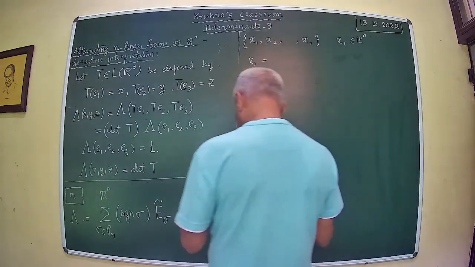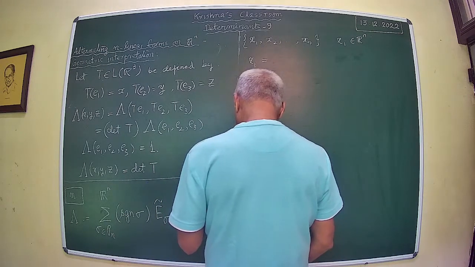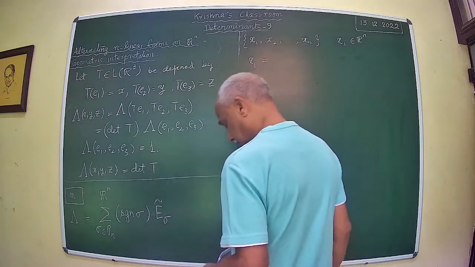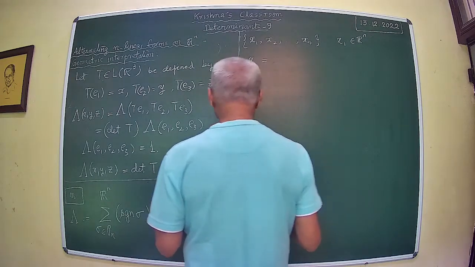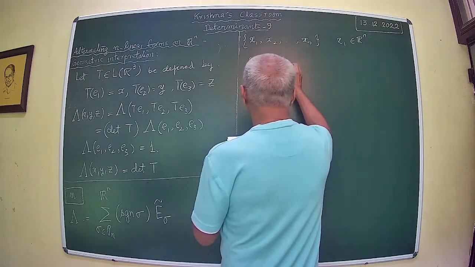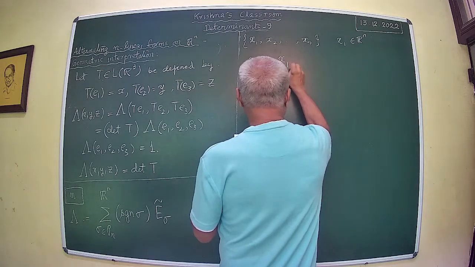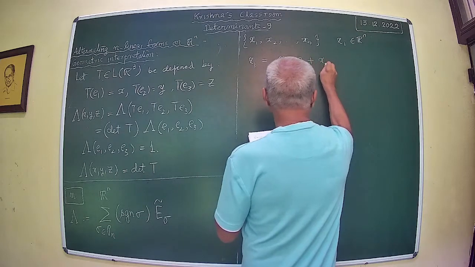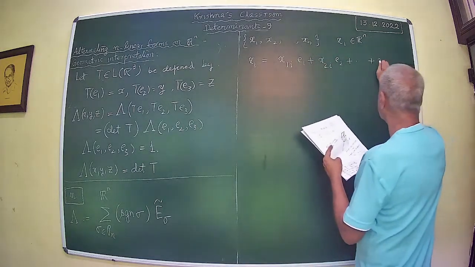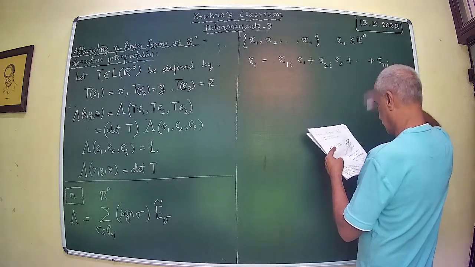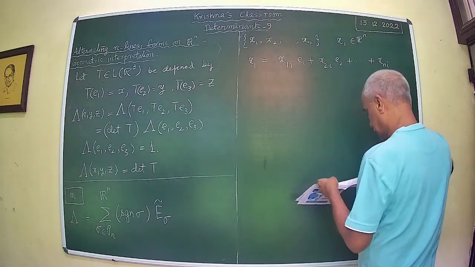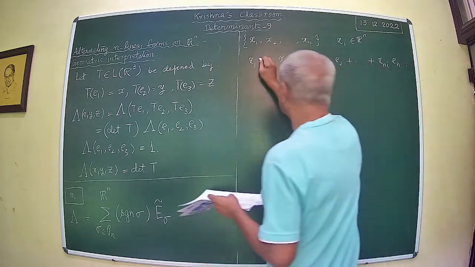And this is given by xi equal to x1i E1 plus x2i E2 and so on, for i equal to 1 to n.